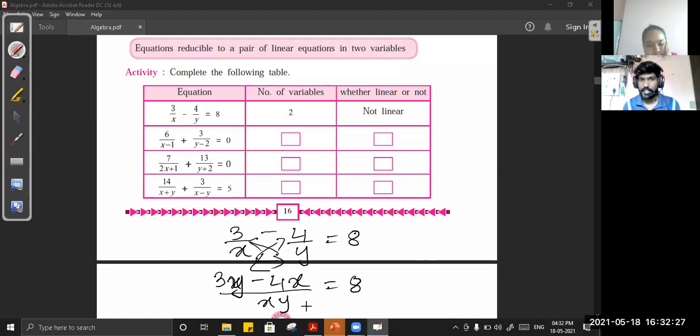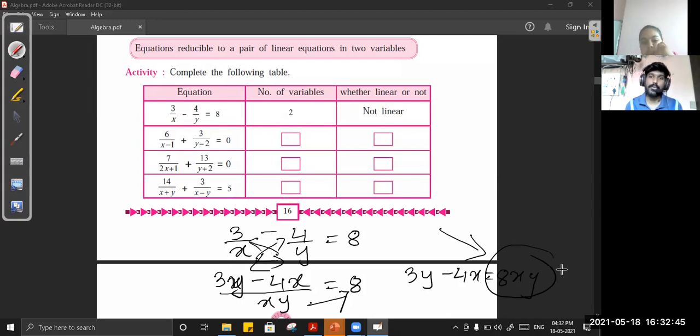So if you just rearrange this, you have 3y minus 4x is equal to 8xy. Now if you look at this term here, 8xy, this is not having the power 1. It is a power 2, because x has power 1 and y has power 1.